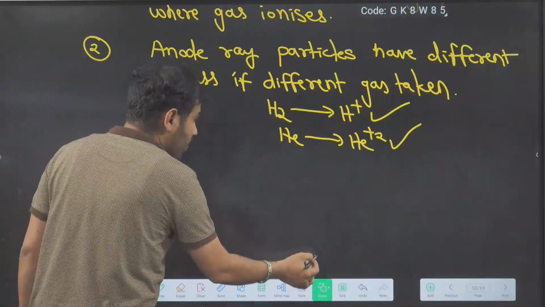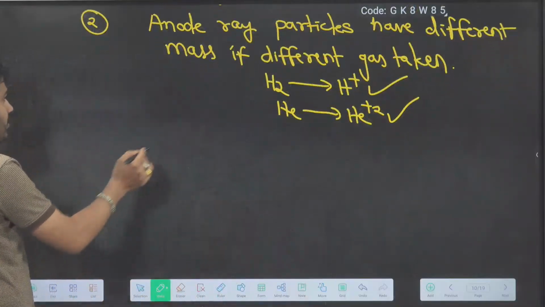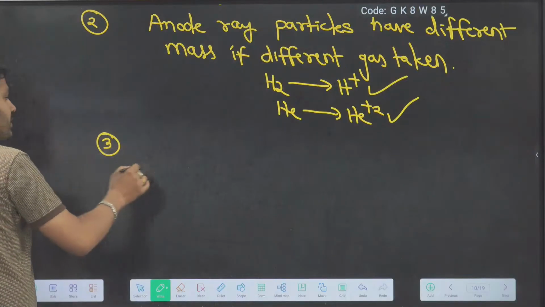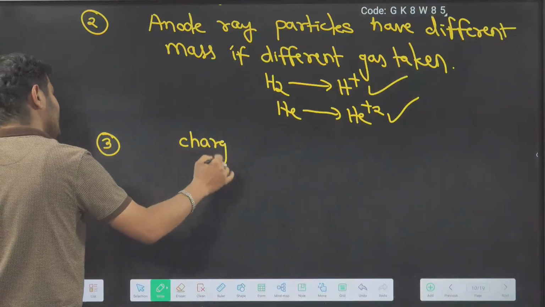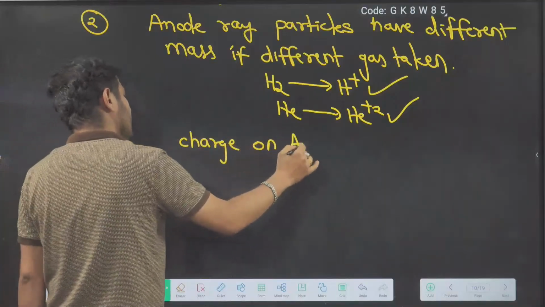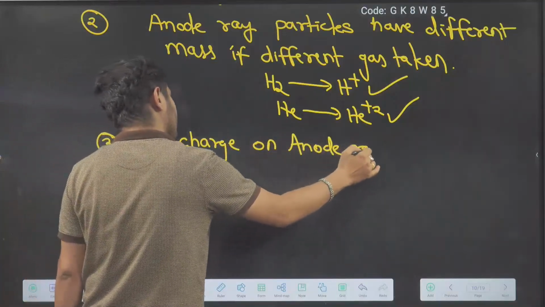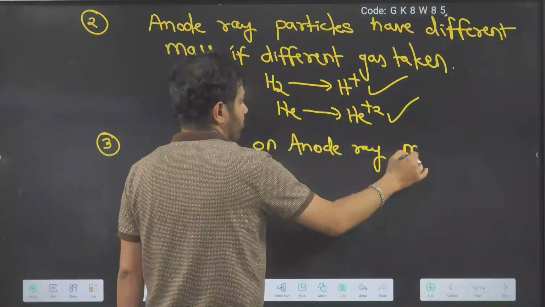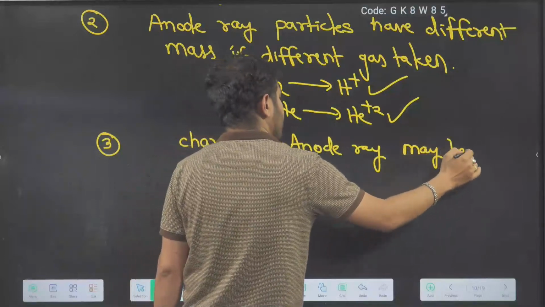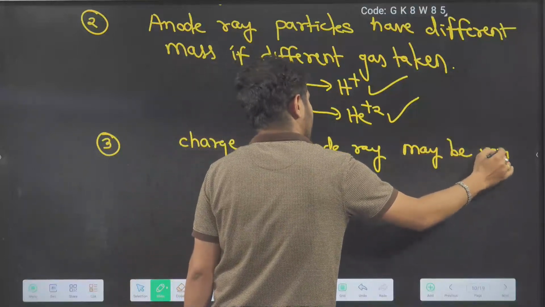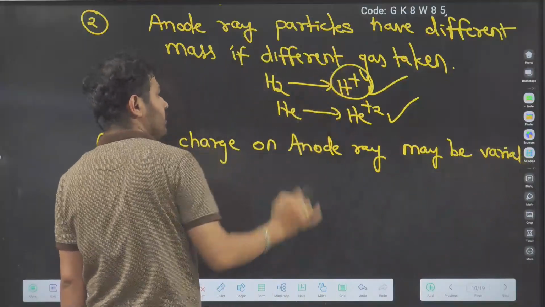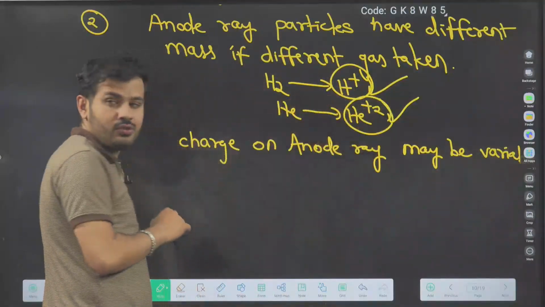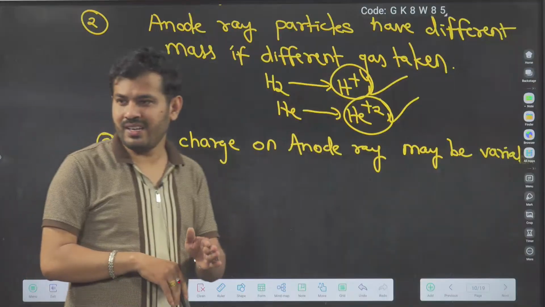Now you see, this is the second observation we have made. Third observation is the charge on anode ray may be variable. Charge may not be the same. Like you see, here charge is +1 only, but here charge is +2. So all the anode ray particles will have the same charge?